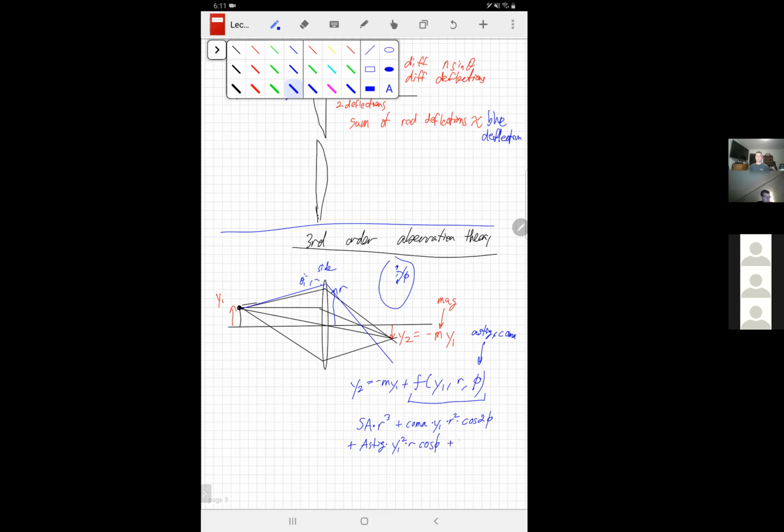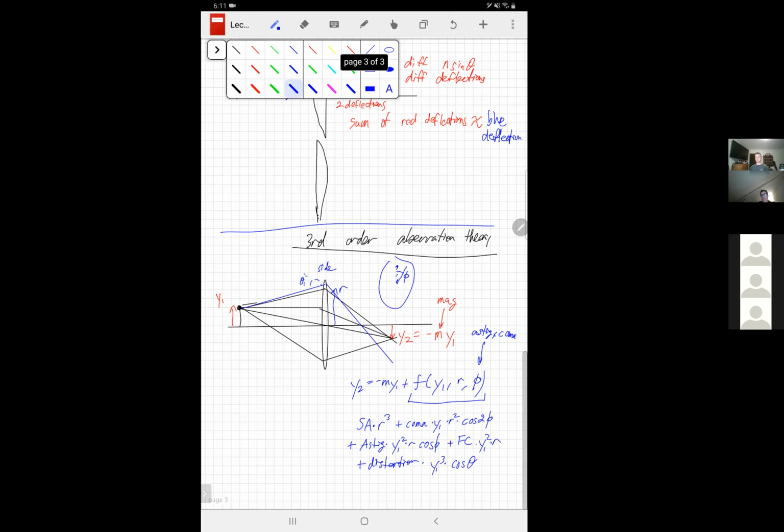And another one would be called our field curvature times y1 squared times r. And another one would be called distortion times y1 cubed times cosine theta.